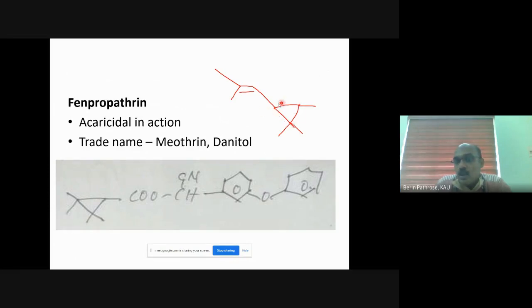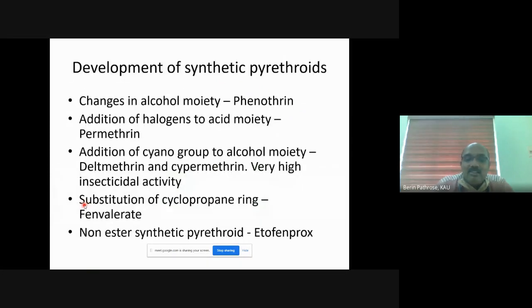This is the cyclopropane ring. So scientists started working with the acid part, the cyclopropane ring. So we got fenvalerate, fenpropathrin, etc. Then they started working on the ester bond and replaced it with an ether bond, and we got the non-ester synthetic pyrethroid ethofenprox. So this is how synthetic pyrethroids evolved chronologically over time.